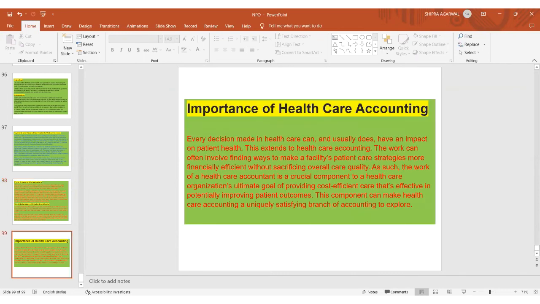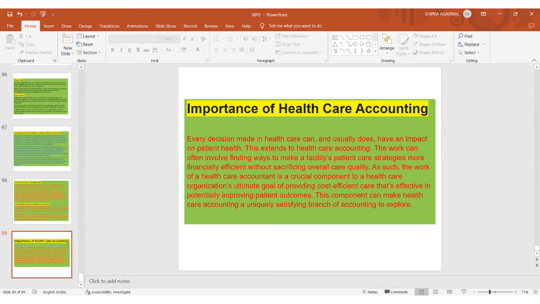Ultimately we can say that when we are talking about healthcare accounting, no doubt it has a major impact on the patient's health, but at the same time, as an organization, they have to complete their books of accounts also, right? This work basically involves finding various ways of making the facilities and the patient care strategies more financially efficient, so that the overall care quality is not hampered, right?